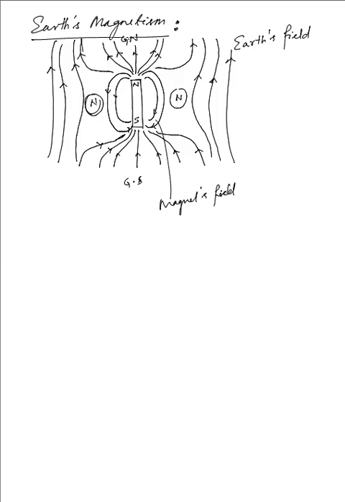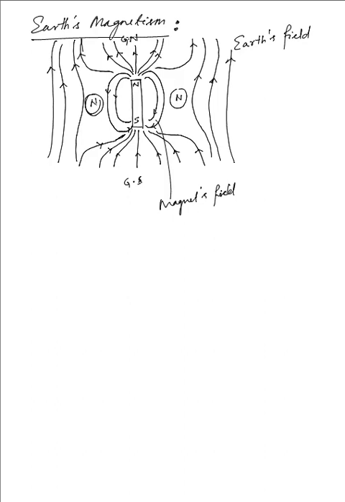How does the Earth get its magnetic field? Well, the Earth has a magnetic field of its own because of the motion of the electrons and the ions present in a molten state within its core.